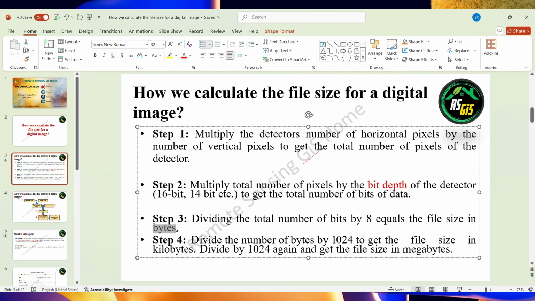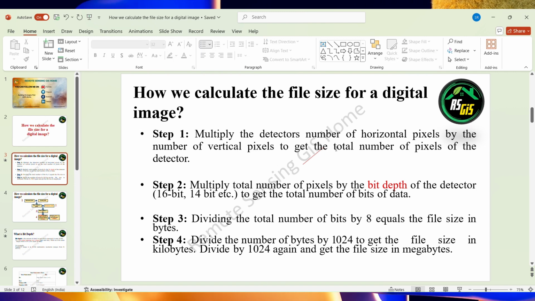This is totally based on how the question is made, whether the answer is needed in bits, in bytes, or maybe in kilobytes.